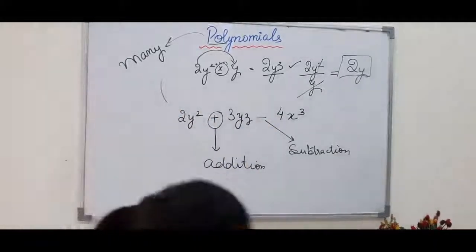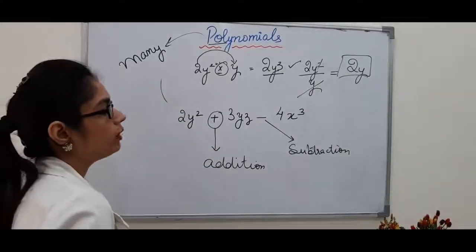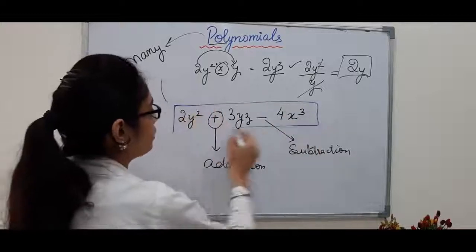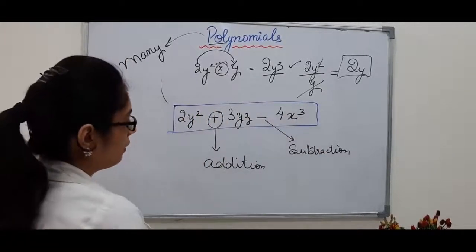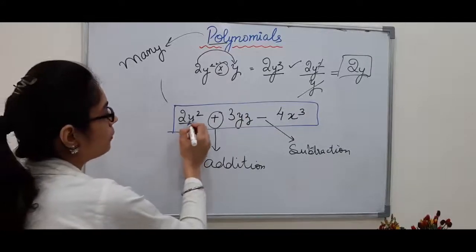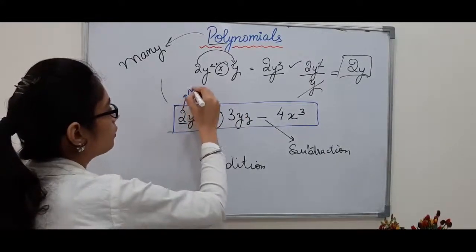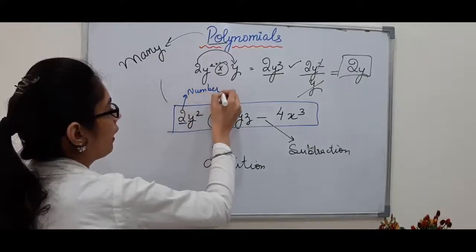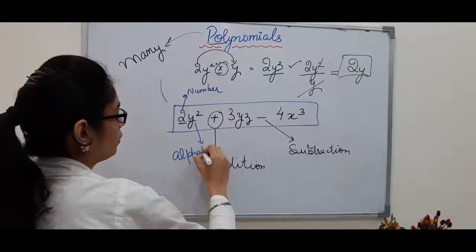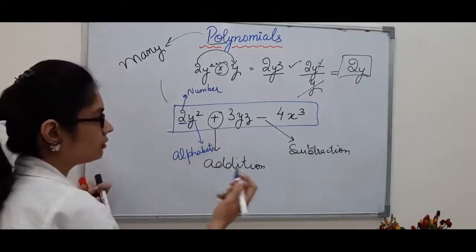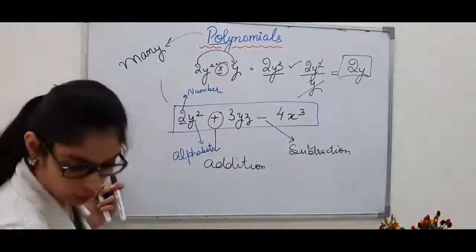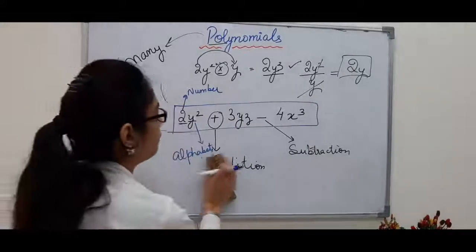Now we have to understand a few things related to polynomials. So we'll see this polynomial. In this polynomial, you can see each term has a number and it has alphabets also. So what is the meaning of this? The numbers in a polynomial are known as constants. All the numbers.